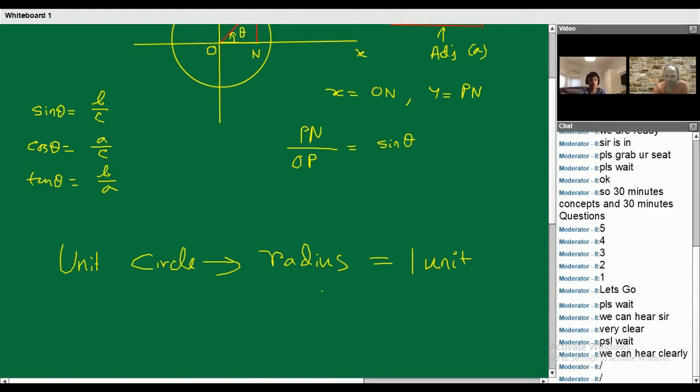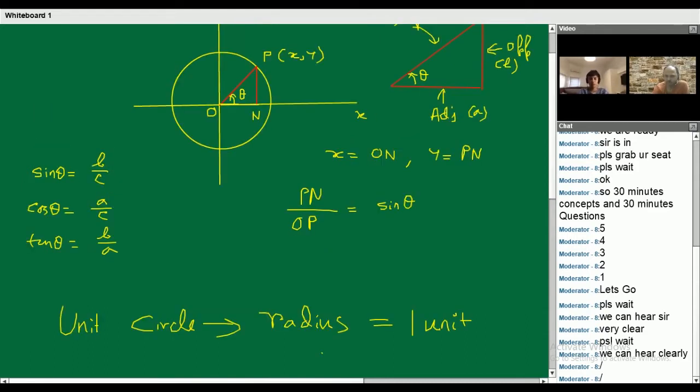So OP, can we consider this one as a radius? Yes, so it will be 1 unit. Very good. So if we substitute over here, PN is y. In place of OP, we should write 1. That is going to be sine theta. So what would be the value of y then?